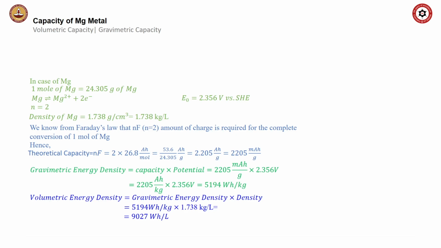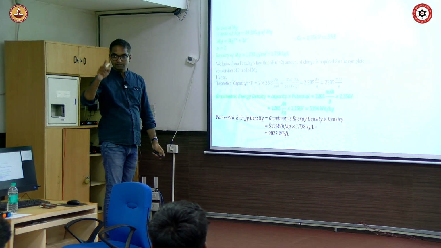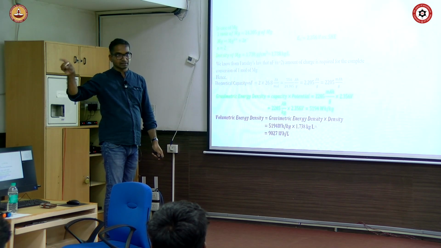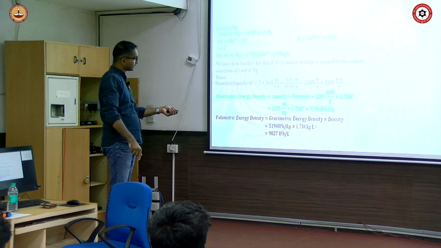Then divide by the atomic weight, which gives the unit of ampere hour per gram. Multiply by the potential. Again, what is the cell here? The other electrode is the hydrogen electrode. So it is magnesium, magnesium 2 plus, H plus, H2. It is a magnesium-hydrogen cell. This is the energy you will get.